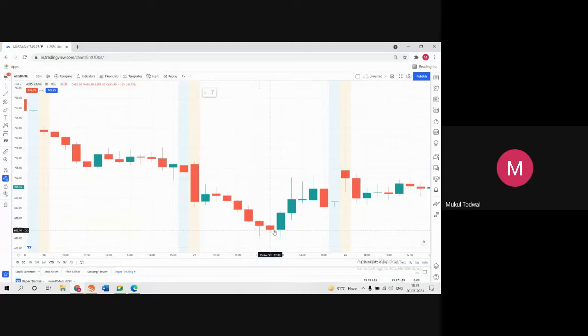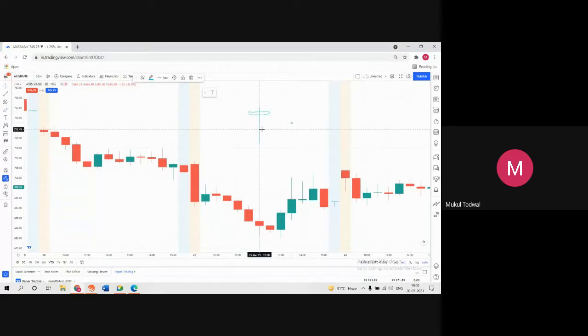The next candle should be a doji candle. What do I mean by a doji is the open, high, low, close should be somewhat like this. Your opening price and your closing price should be pretty close to each other, whereas there should be a long lower wick on your candlestick.